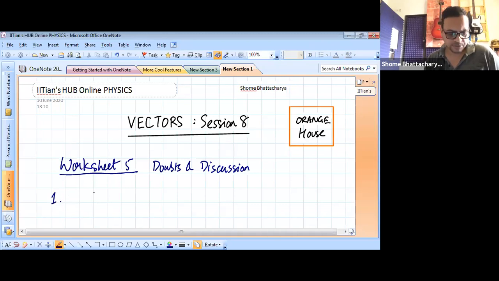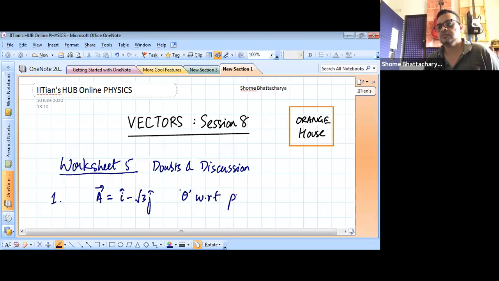Question 1 is actually from the previous concept. It's a very simple thing. The vector E is given to us as I cap minus root 3 j cap, and we have to find the angle with respect to the positive x-axis.